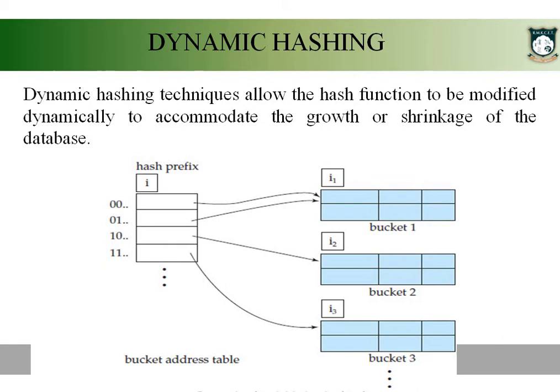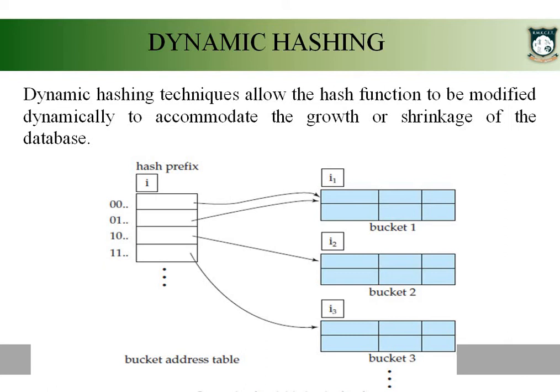Once any one bucket gets full, you can increase the hash prefix again. Presently the hash prefix is 1, now you can increase it to 2. Once you increase it, you will have 2 power 2 buckets, which means 4 buckets.